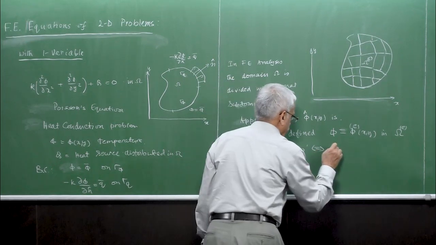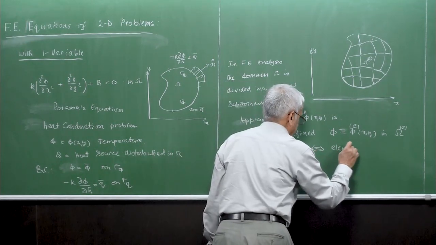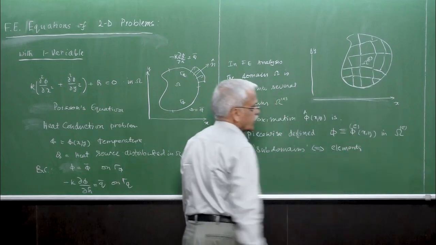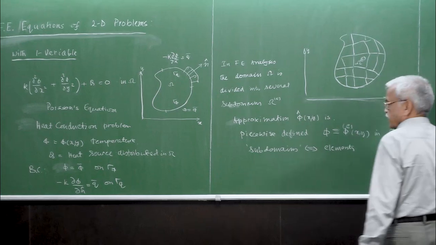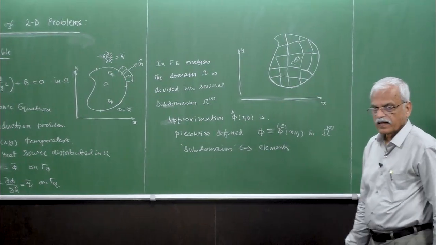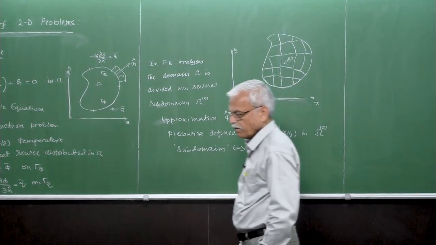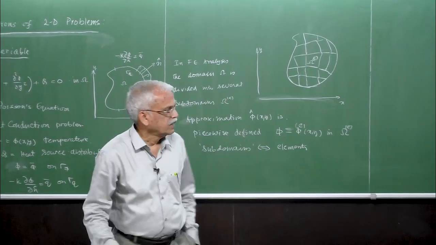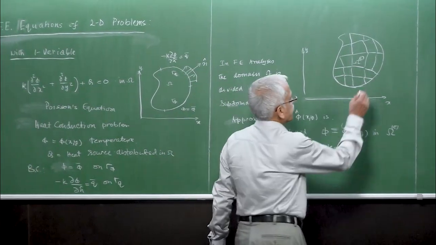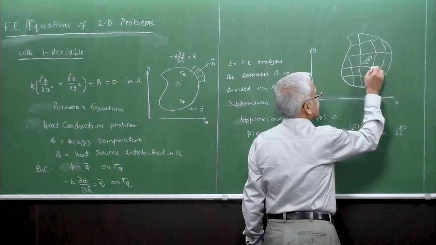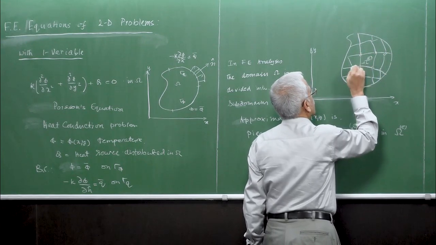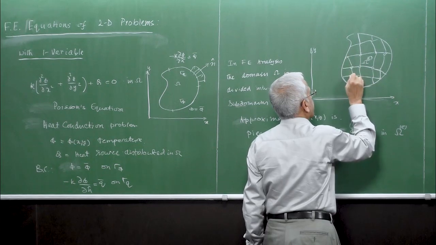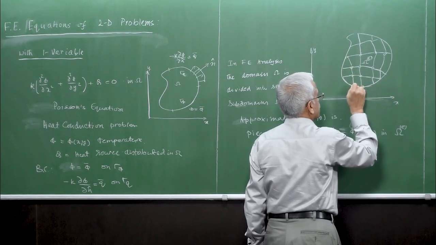So these are called elements. As you can see here, the subdomains may be of different shapes. It can be a shape like this one, maybe quadrilaterals or even slightly curved shapes also. They are all interconnected at points known as nodes.